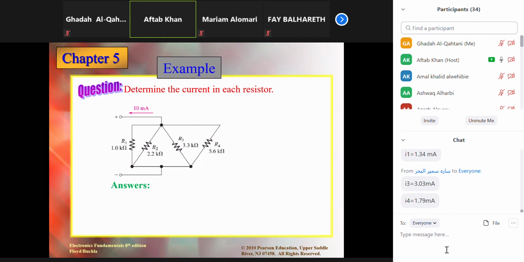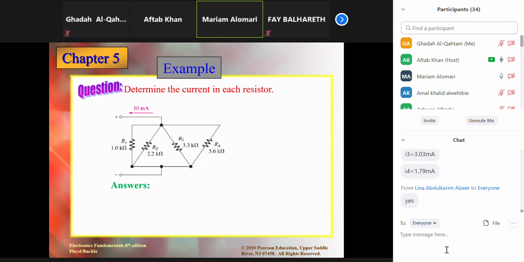Okay. First, you should calculate, I believe, the total resistance. Correct or not? Yes. So first, no one has told me about the total resistance. Total resistance is very important.